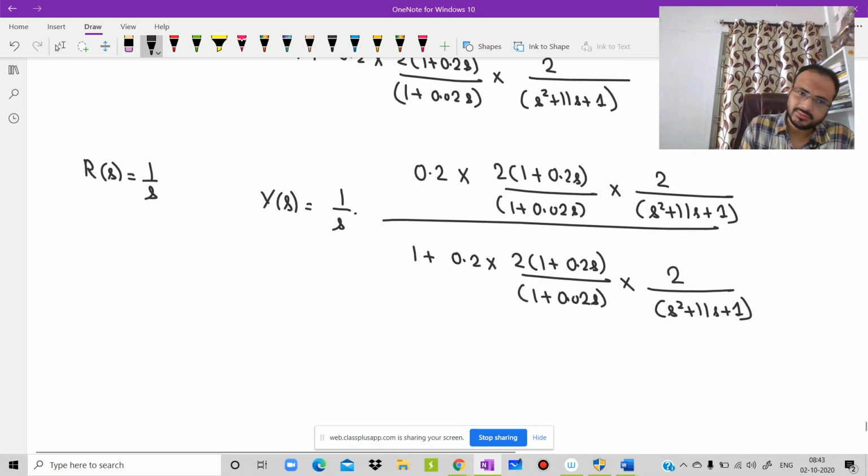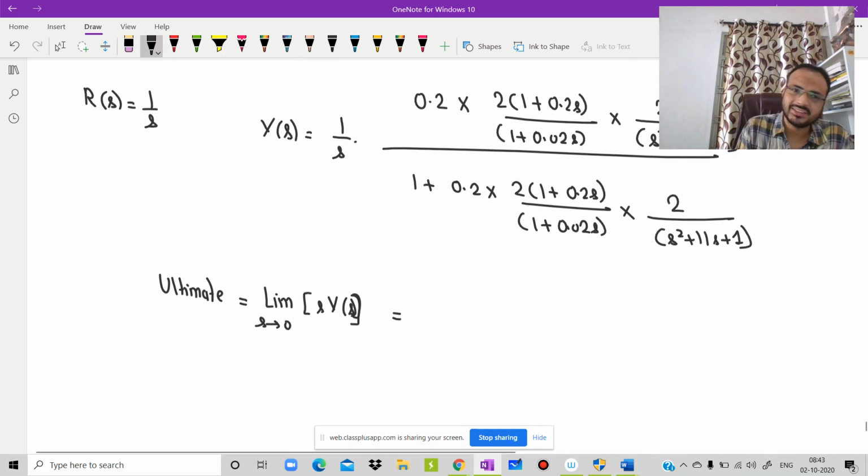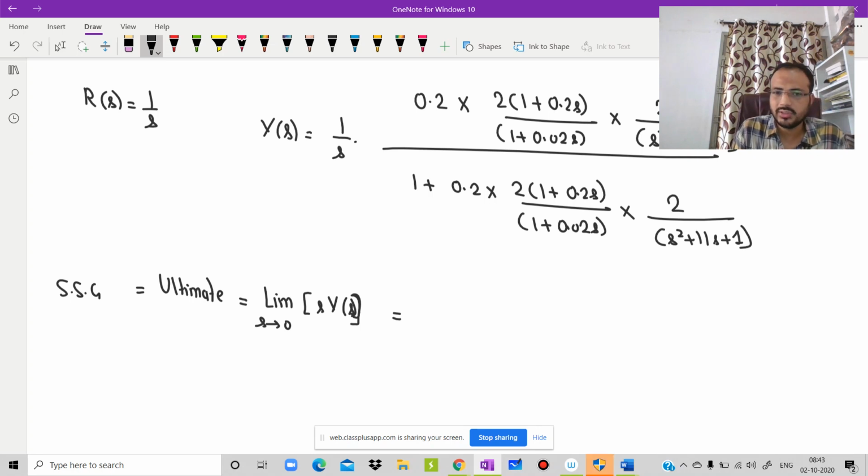Now you need to calculate the ultimate value. Limit s tends to 0 of s into Y of s. And you will put all these values in the given equation, and that is the SSG, steady state gain. Put all these values.